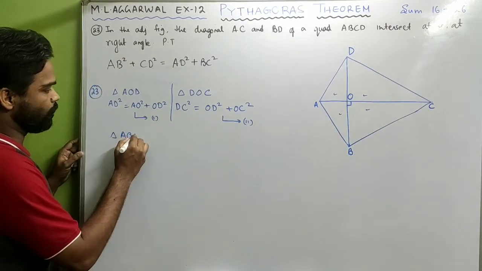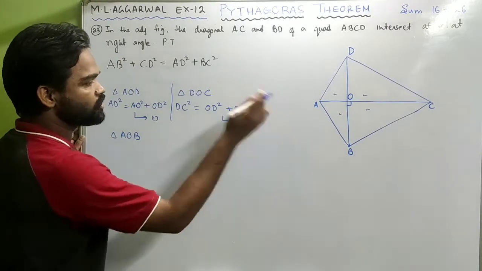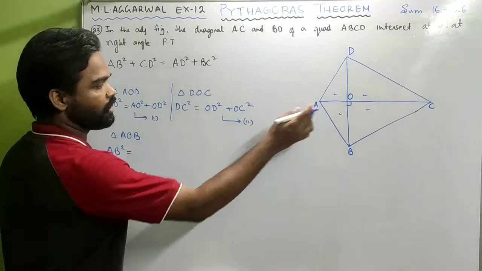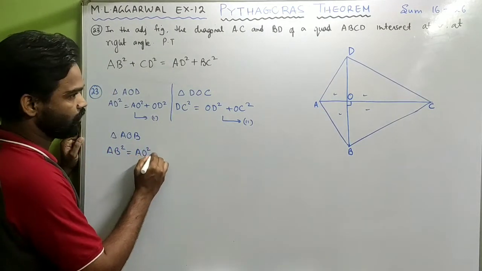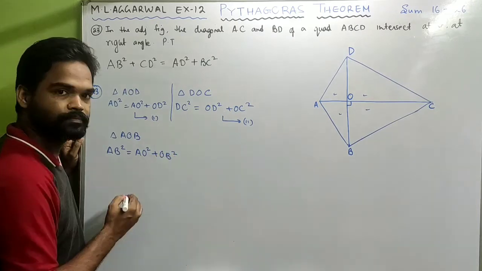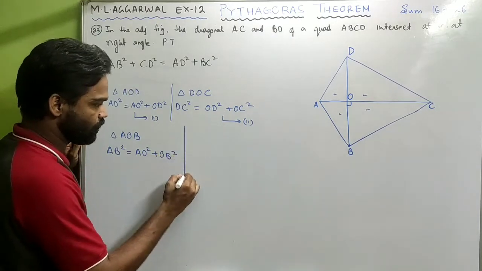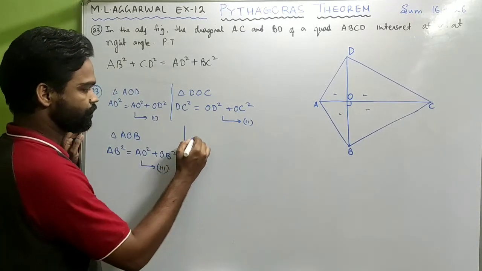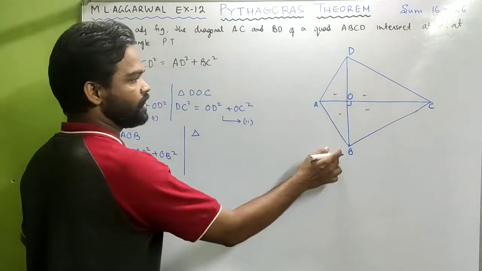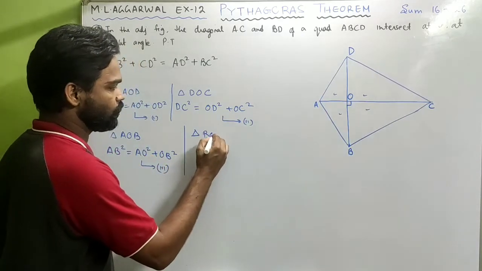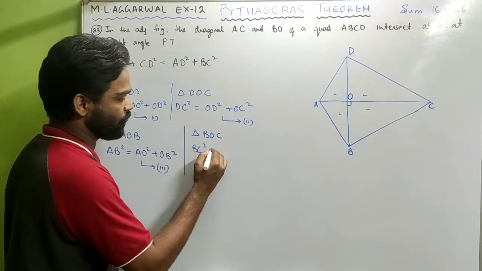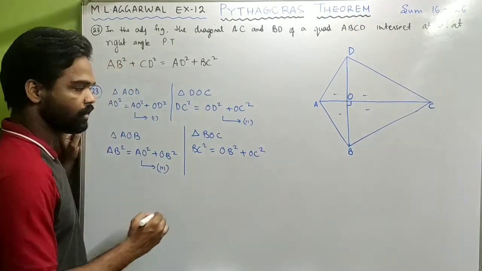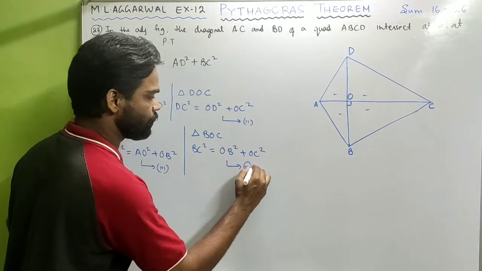AB square is equal to AO square plus OB square. Done. Suppose this is your equation 3. And the last triangle BOC. In triangle BOC, BC square is equal to OB square plus OC square. Done. Suppose this is 4.